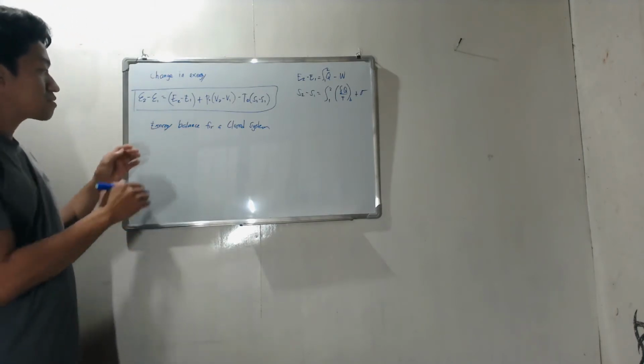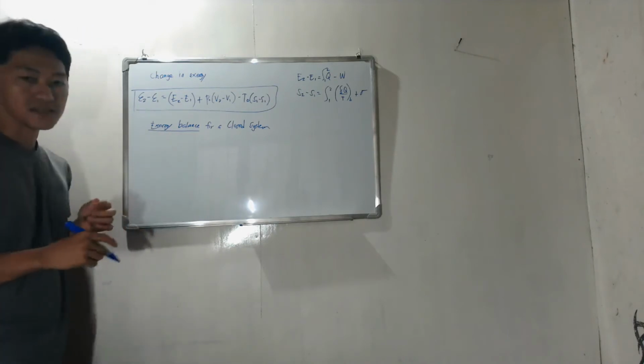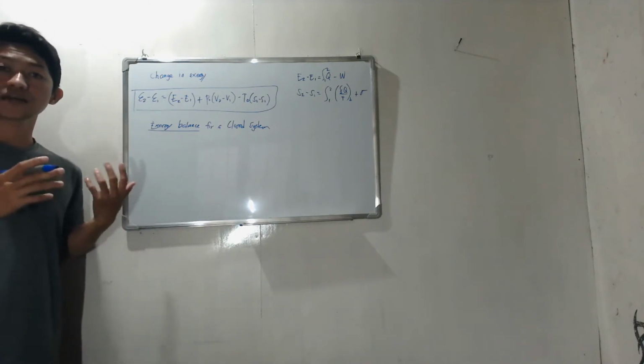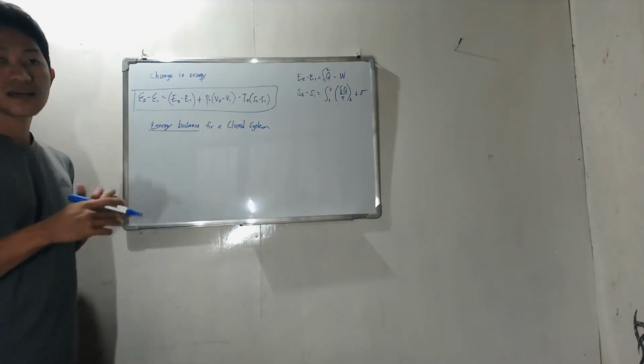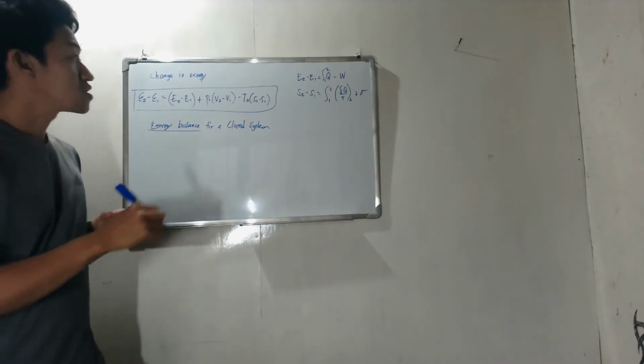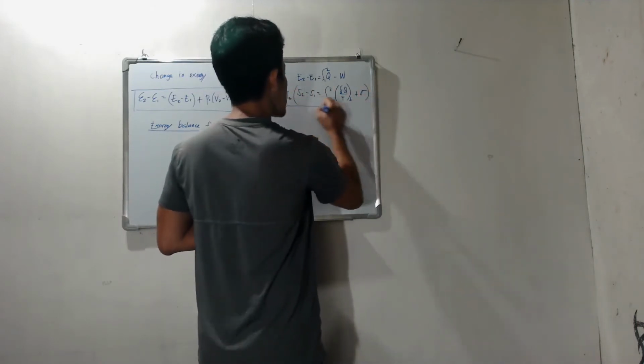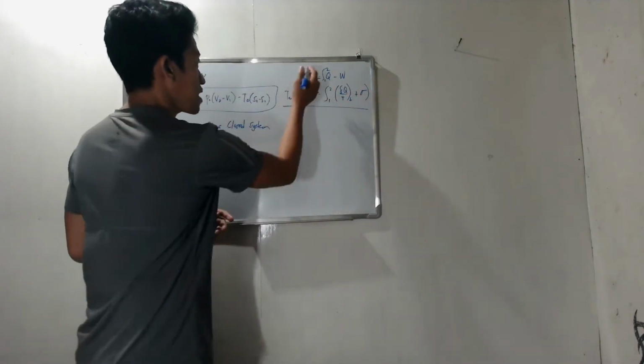Again, our objective is to get the exergy balance for a closed system, which relates the exergy transfer by heat and work and the exergy destruction. So let's multiply this one by T sub O and subtract.